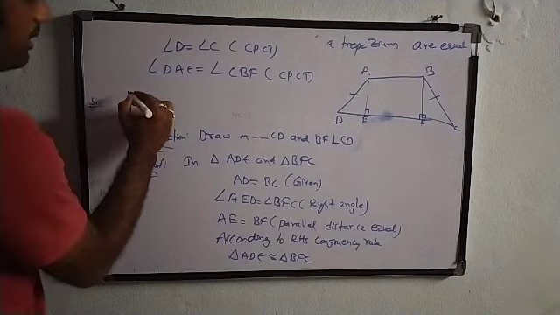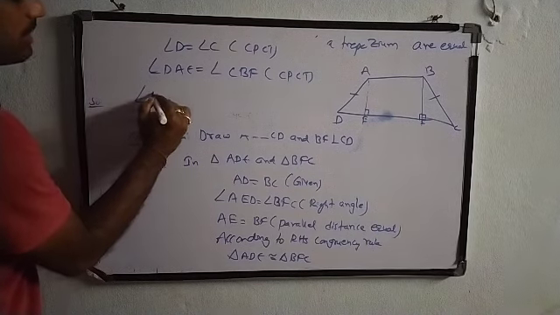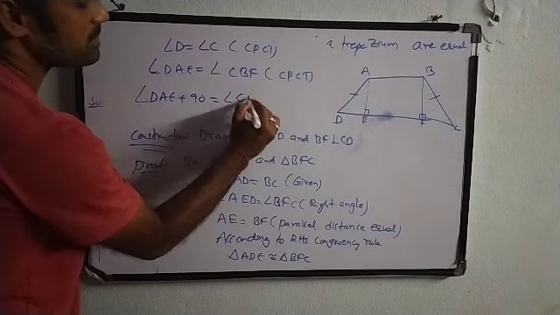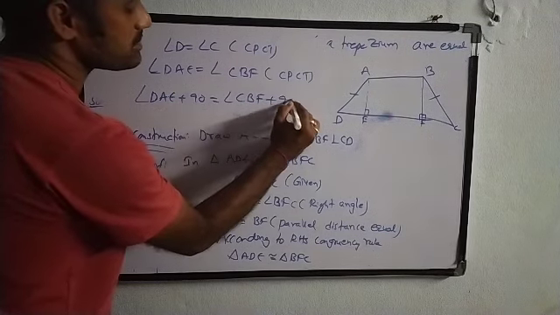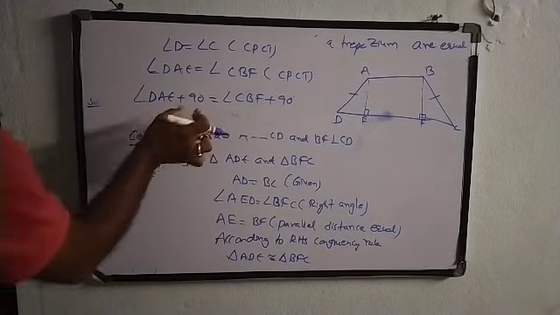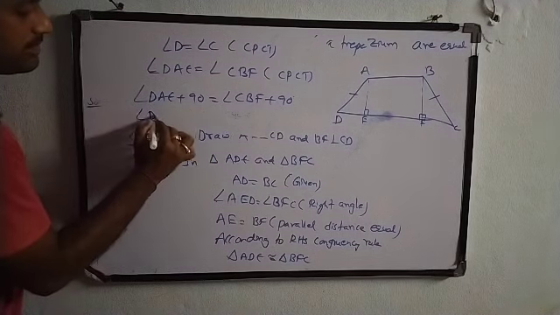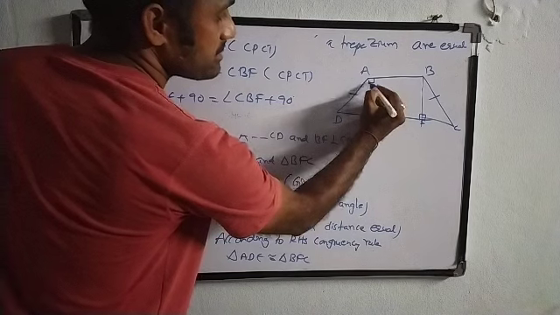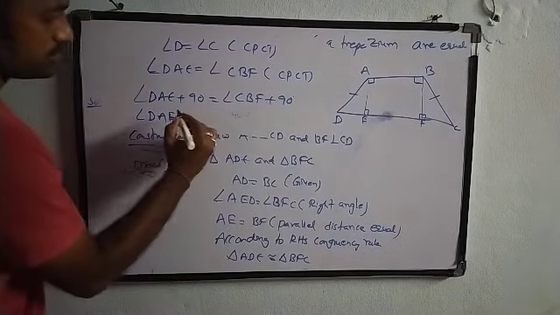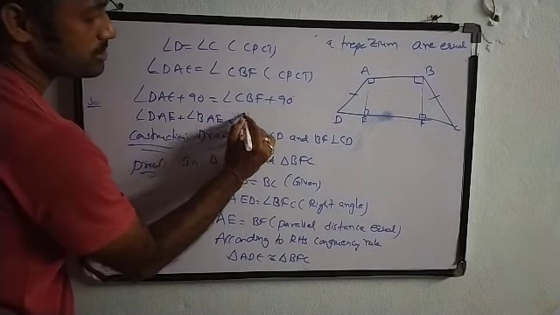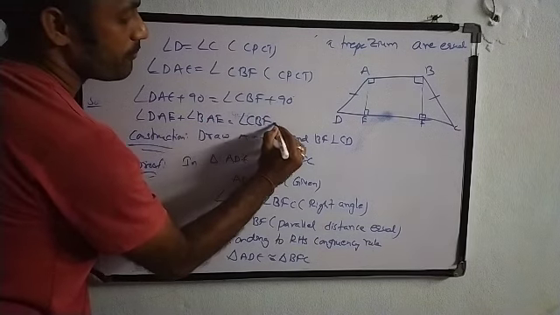So if we add 90 degrees on both sides, angle DAE plus 90 degrees is equal to angle CBF plus 90 degrees.